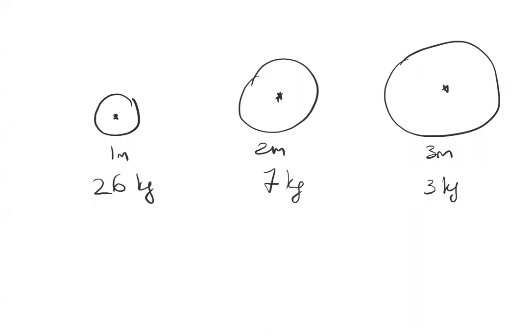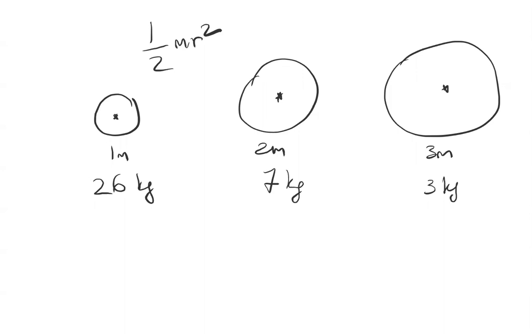This table tells me that if I have a solid disk of radius r and mass m, then its moment of inertia is half of mr squared.